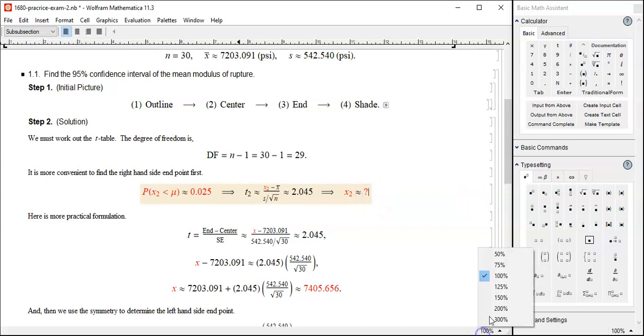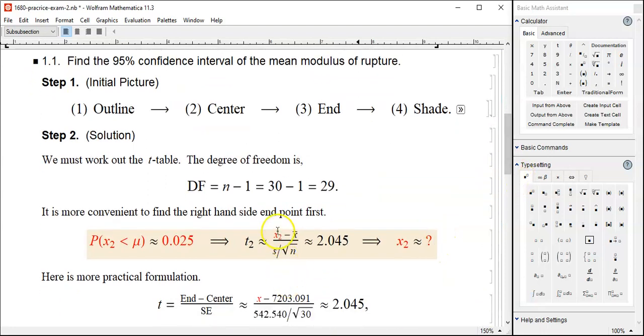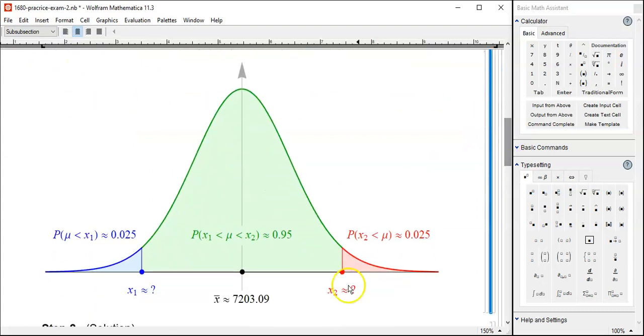Maybe I should increase the font. Okay, where's the picture? This is the end you're looking for, x2, and that's the center.